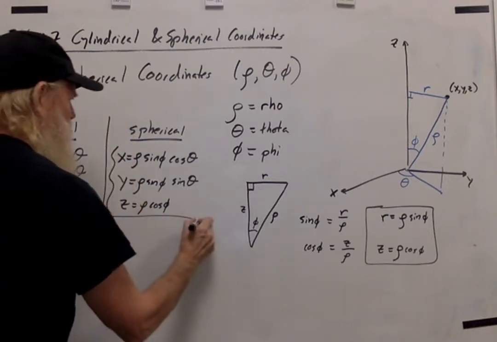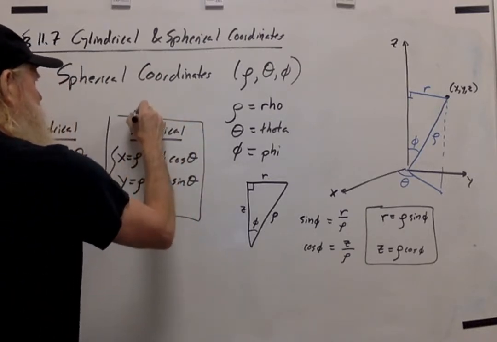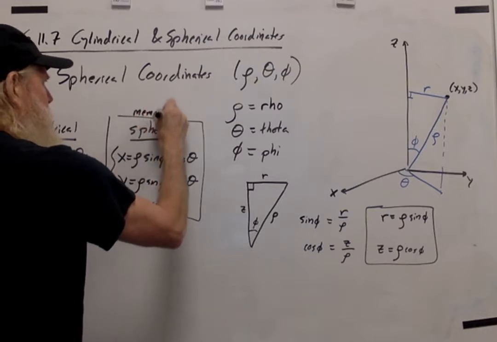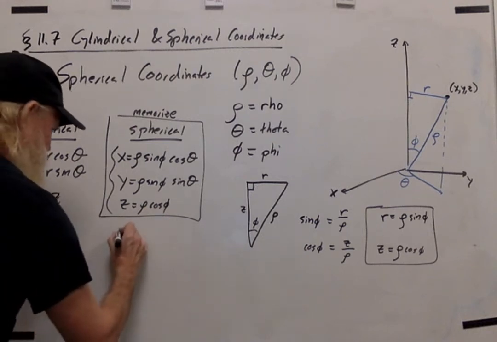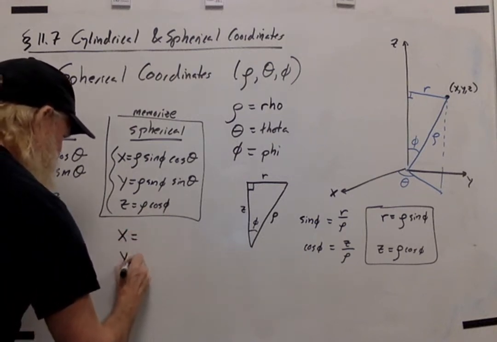And you really do need to memorize both of these. Cylindrical is probably easy to memorize because of how similar it is to polar coordinates. This one's a little bit tougher. I'll let you in on the way that I think about it when I have to write it down.